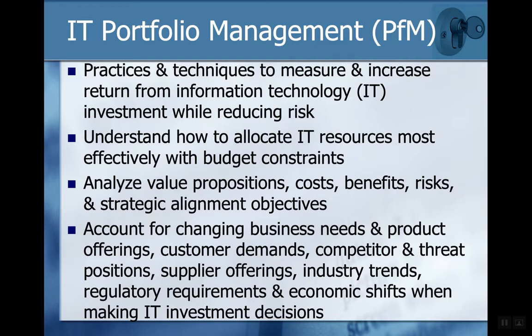We also need to understand that there's a limitation, like anything else: organizations do not have unlimited resources. So the idea of a budget constraint is always a big driver. Part of what we're doing within portfolio management is checking out things like value propositions, cost benefits, risks, and strategic alignment objectives.